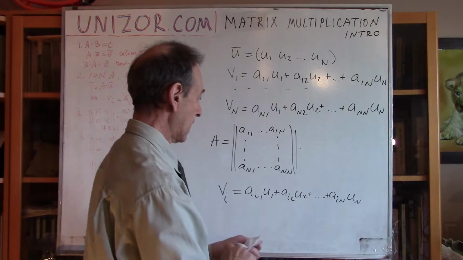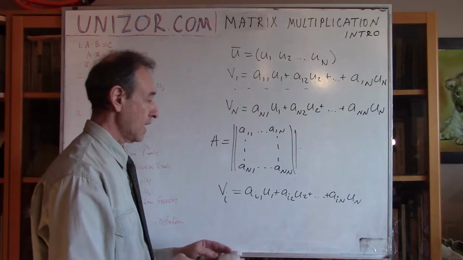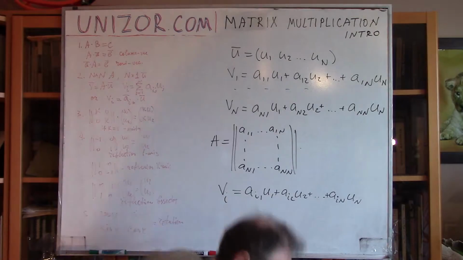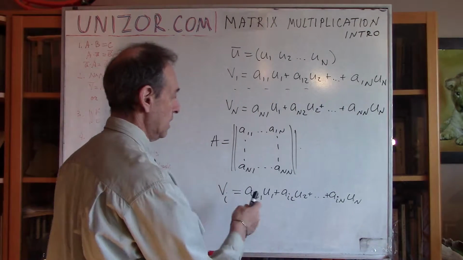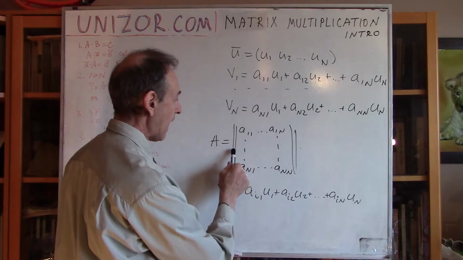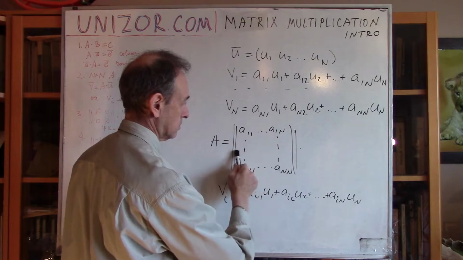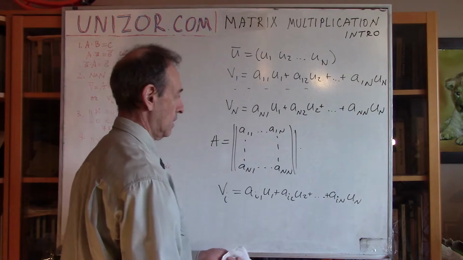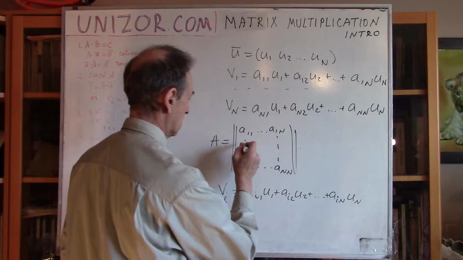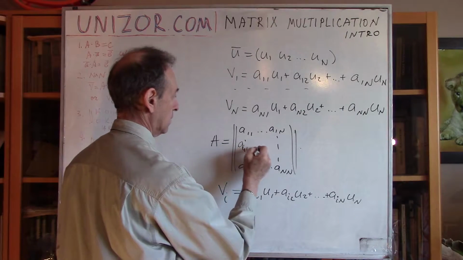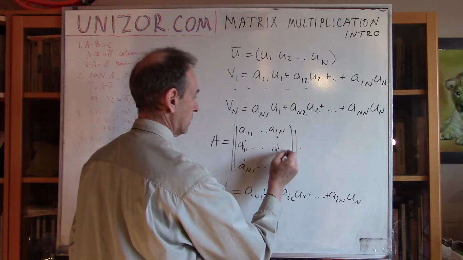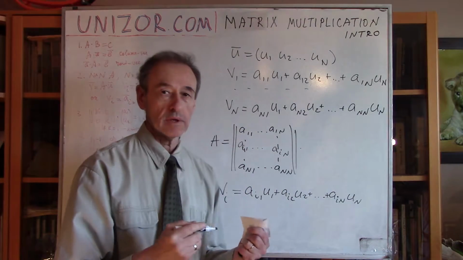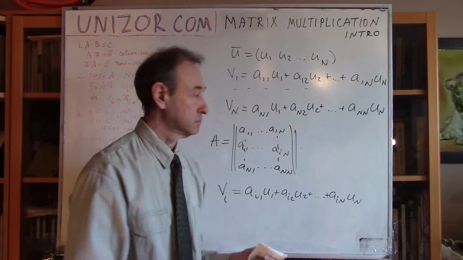Well, I can tell you what it reminds me. If I take the ith row of the matrix A, the ith row would be here, a_i1 through a_in, and consider it as a row vector.